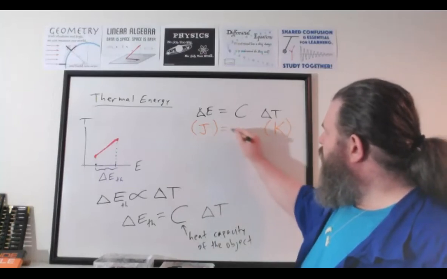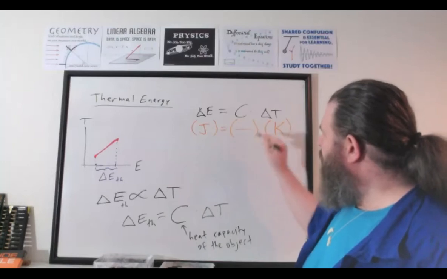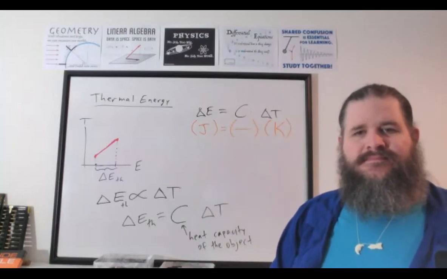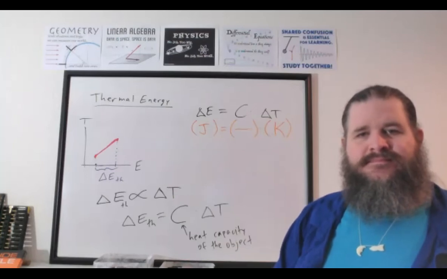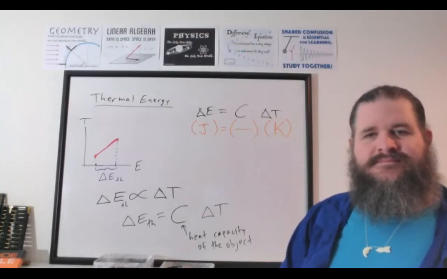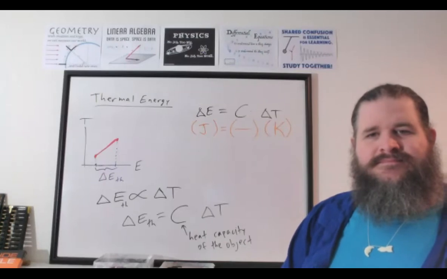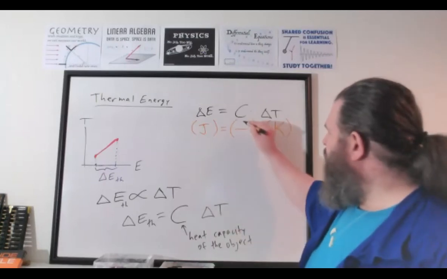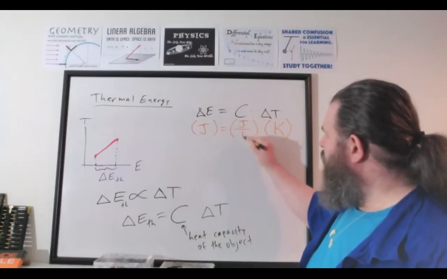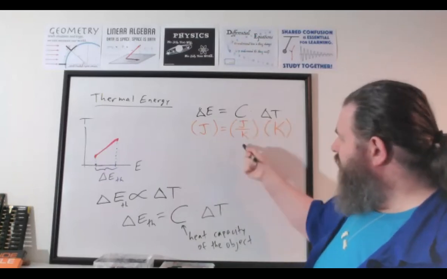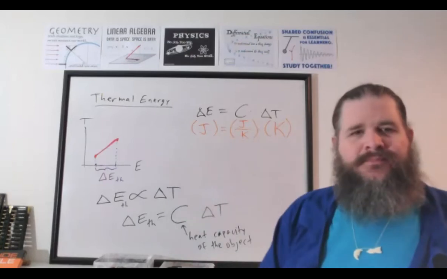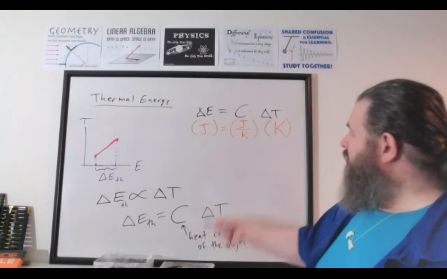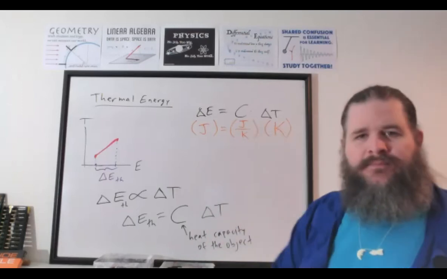So in order for these to match, what does heat capacity have to be measured in? Yeah, that's got to be in joules per kelvin. That way kelvins and kelvins cancel out and we're left with joules. So that's the units of measurement we have here. Heat capacity of the object is measured in joules per kelvin.